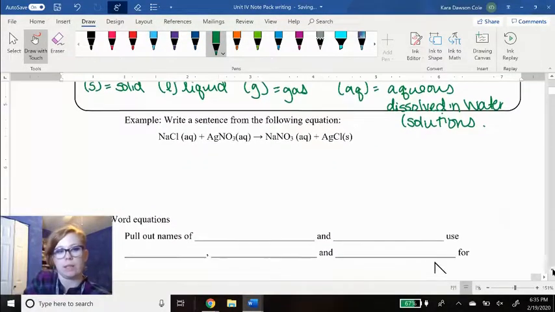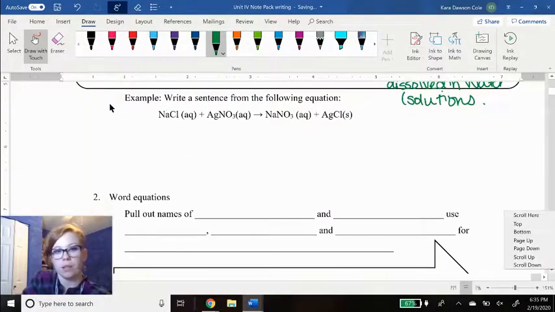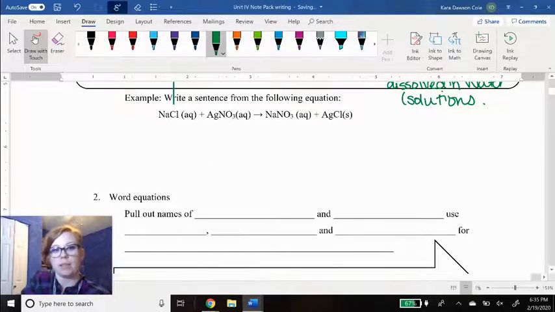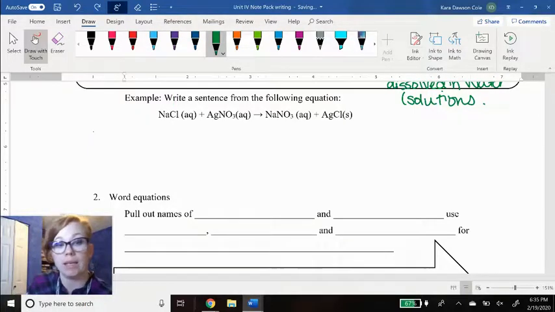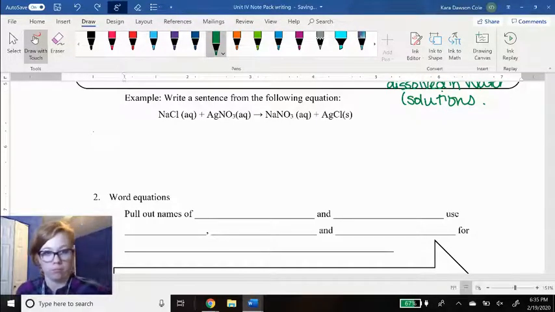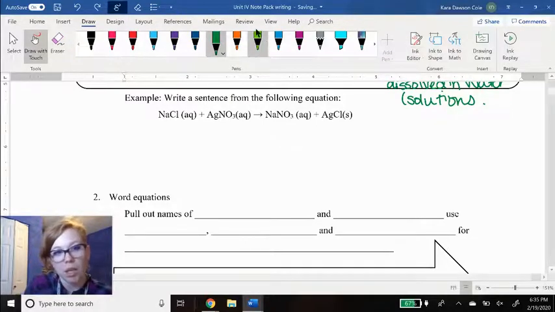So let's look at an example. I'm writing a sentence from the following equation: NaCl(aq) plus AgNO3(aq) arrow NaNO3(aq) plus AgCl(s).